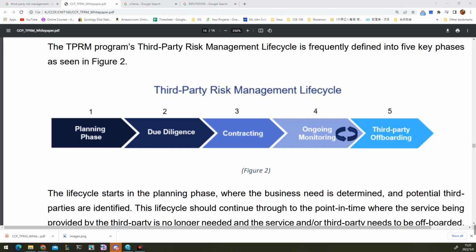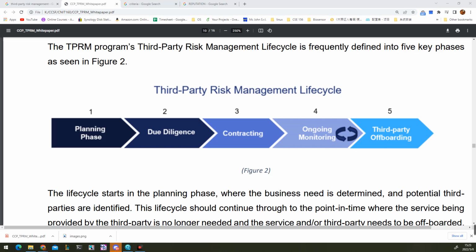Information governance and data privacy risk. This is a little bit different from the previous. This is data privacy. What data is being exchanged with the third party, and is the data protected sufficiently to meet our company regulatory or contractual requirements?